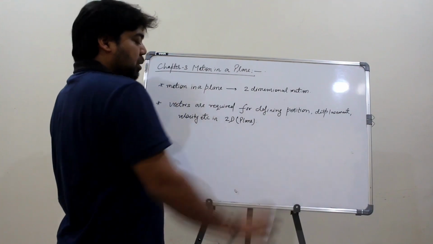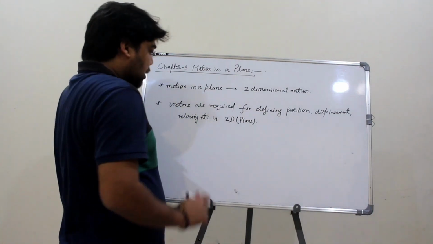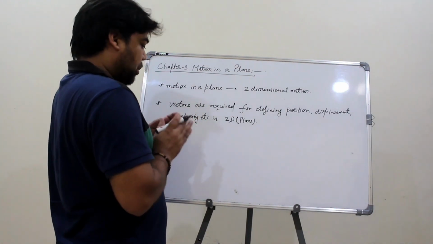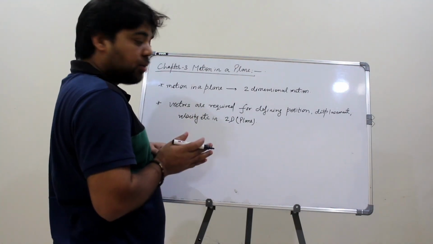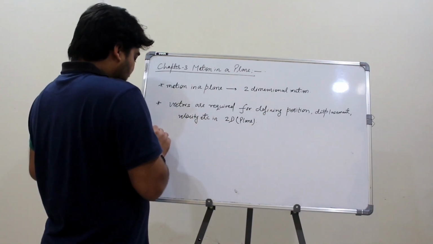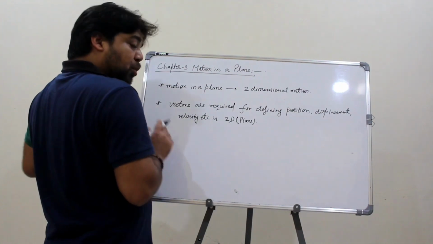So this vector is something which is significant. Now, let us talk about the vectors. You may have studied about vectors in class 10th also. So what are these vectors?